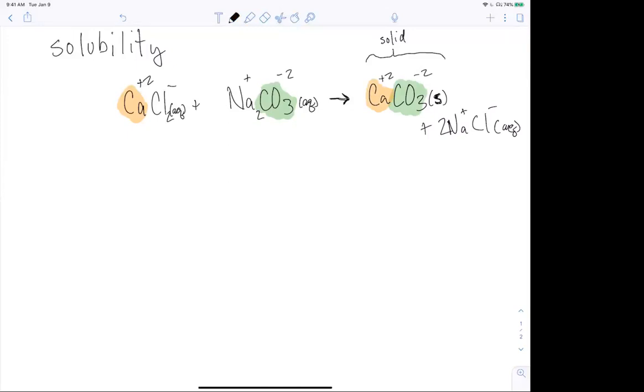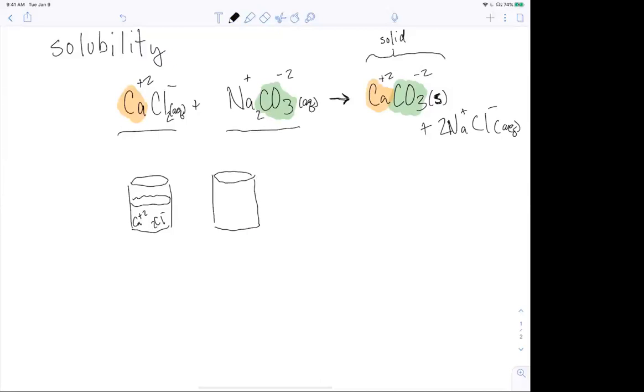But it's not like all carbonate salts or all calcium salts are insoluble. If you buy calcium chloride, that's perfectly soluble in water. And if I buy sodium carbonate, that's also perfectly soluble in water. So what you're thinking about here is I have one solution where I've got calcium chloride. When it's aqueous, it's just broken up in solution like this. And I've got another solution of sodium carbonate.